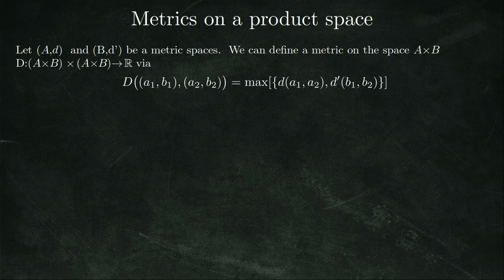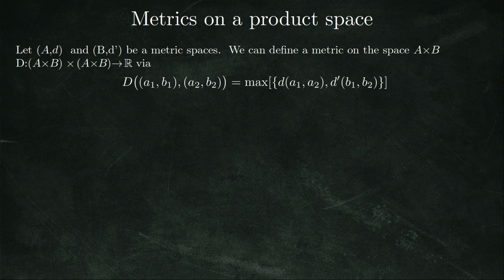The first one is (A1, B1), where A1 is in A and B1 is in B. And then the second is (A2, B2), where A2 is in A and B2 is in B. This metric is given by the maximum value of both metrics, where D just acts on A, so it looks at the distance between A1 and A2, and D prime just acts on B, so it looks at the distance between B1 and B2. We compare both of these and take the maximum value.